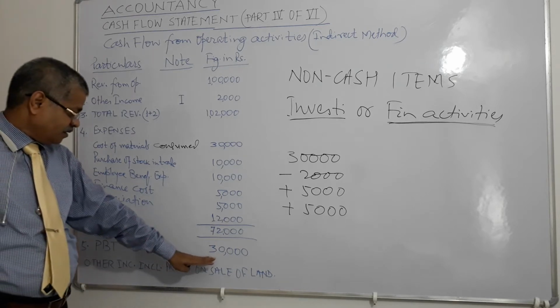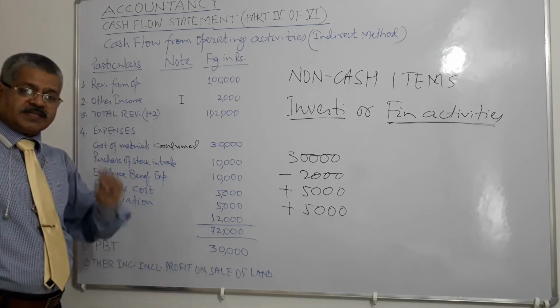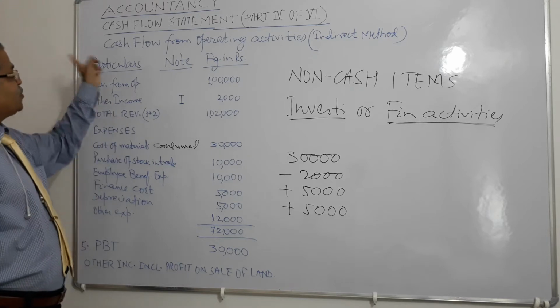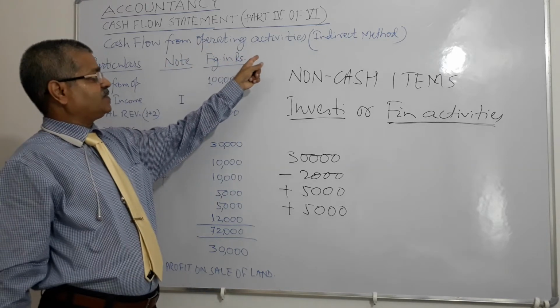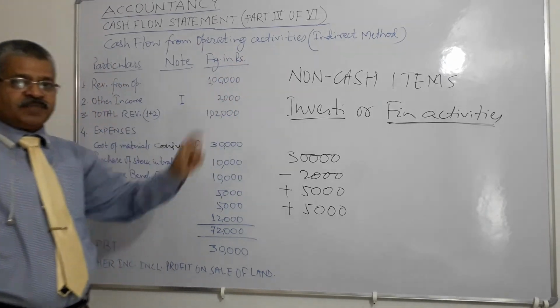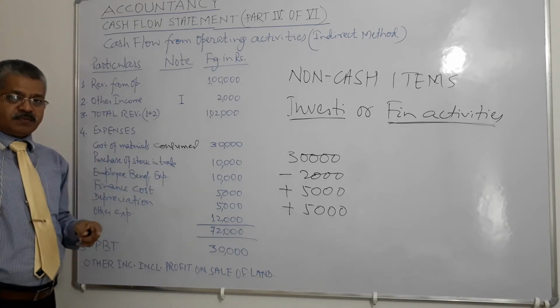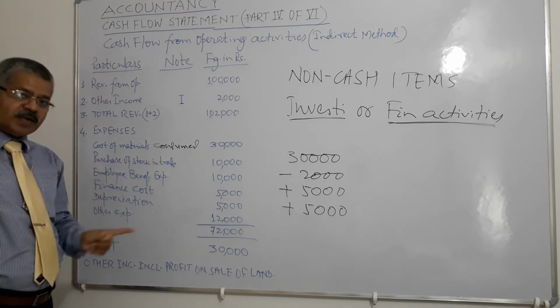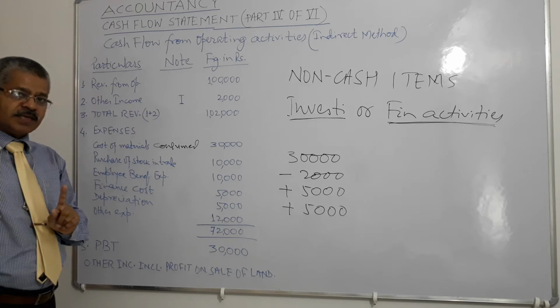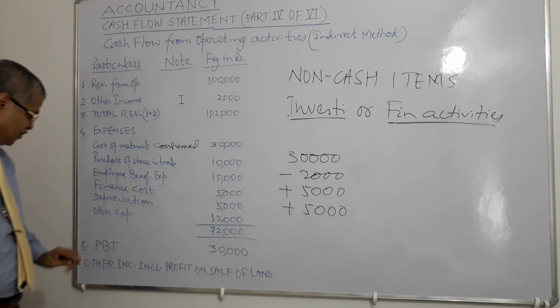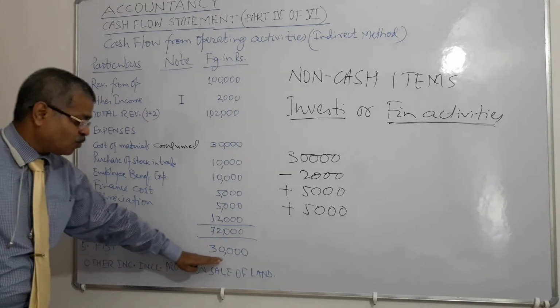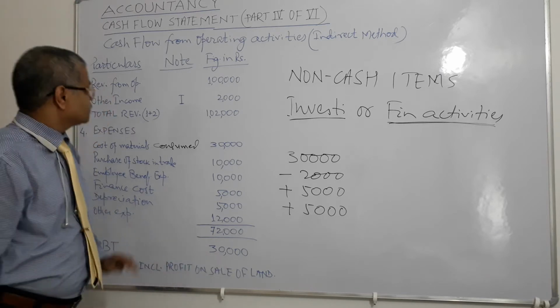We have taken what we have discussed in the beginning, that cash flow from operating activities under the indirect method starts with net profit before taxation and extraordinary items. So here we are at profit before tax 30,000.